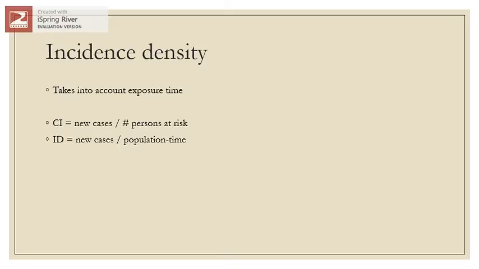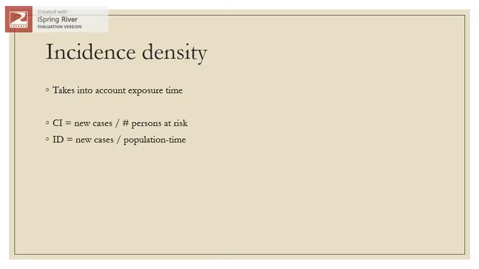Incidence density is different because it's the number of new cases divided by what we're going to call population time. This is not the number of people at risk, but it's a variable that accounts for how long they were exposed. For instance, say that you work at a factory where you were exposed to asbestos.